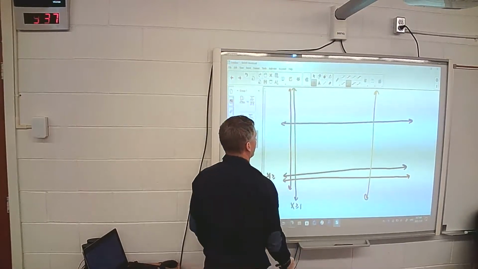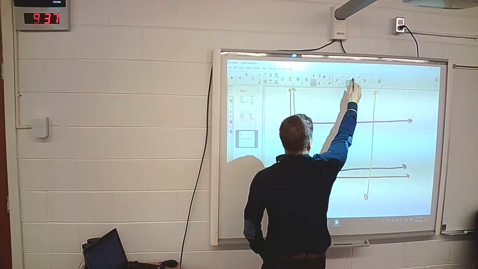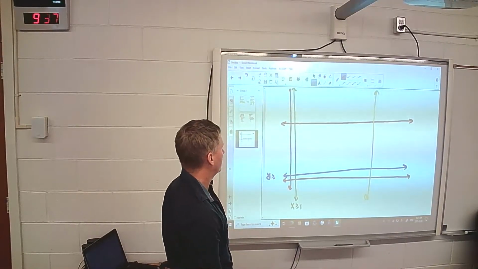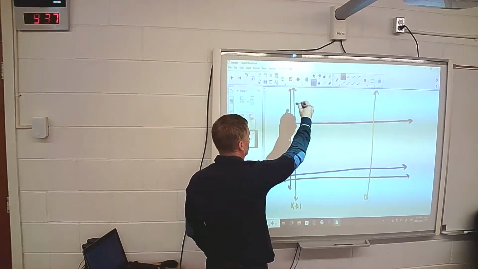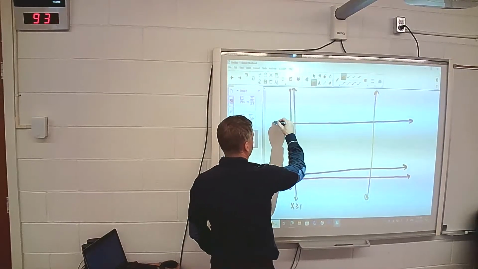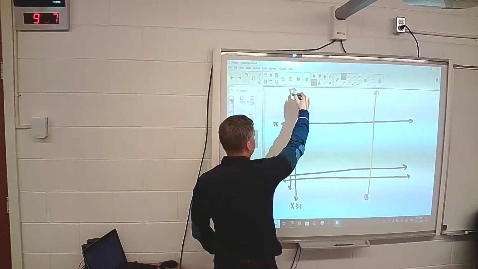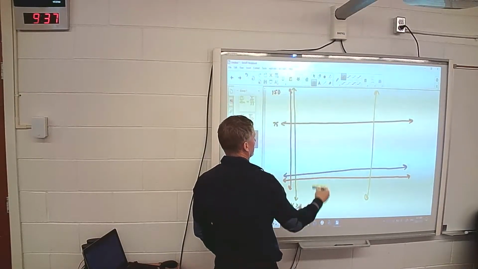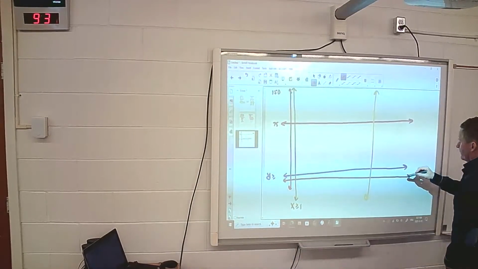Now, the last line I got to put in is that 150 line. Where does it cut across? So up here, this is 75 here, right? So there is 150 up there. And out here is 150.